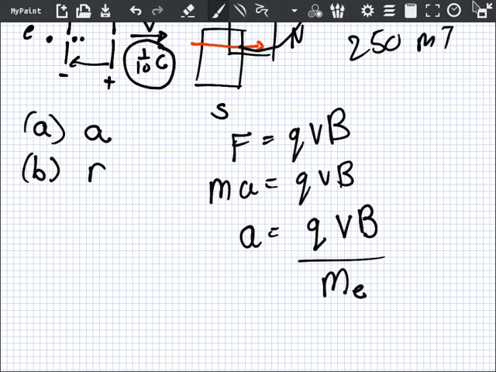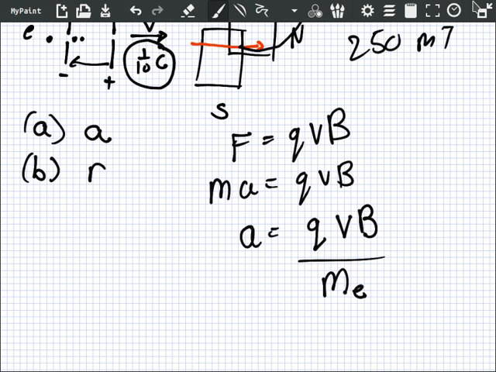Put your hand. This is the field, and this is the current. The field is north to south, so it's going to you. So I need to turn my hand this way. Now this is the current.